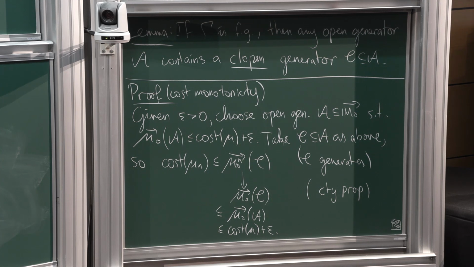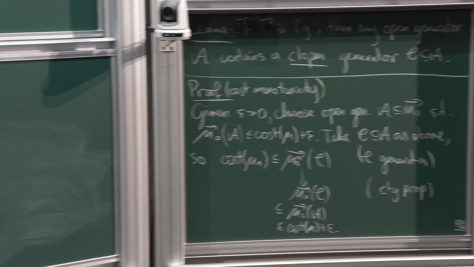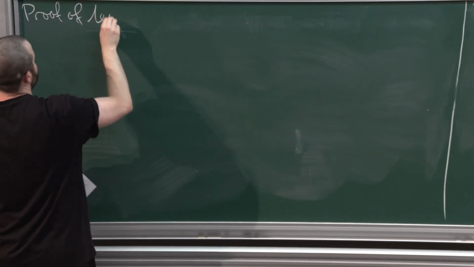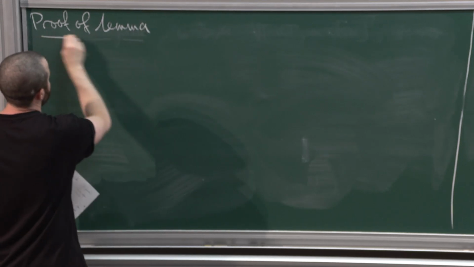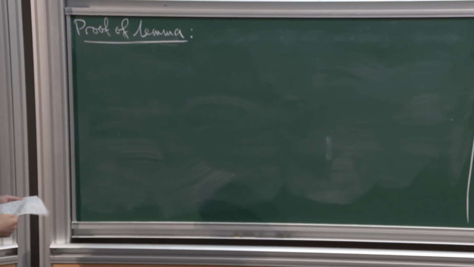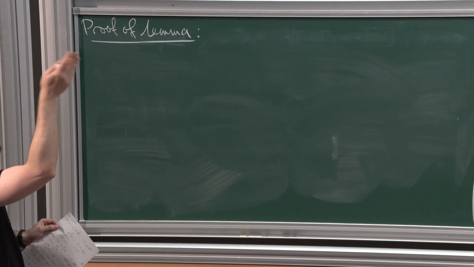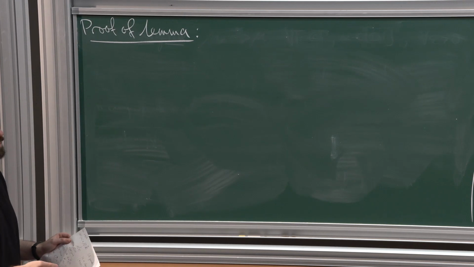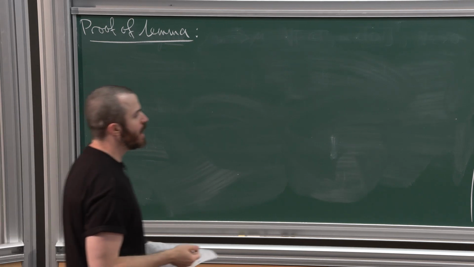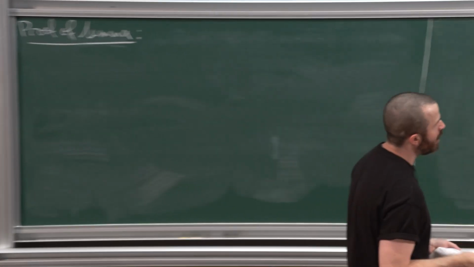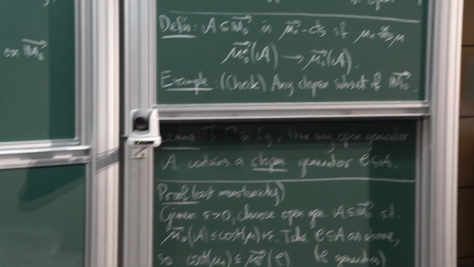Yeah, you can probably see that the proof is this long, so it can't be too bad. So proof of lemma. So as I explained, this space has a countable basis of Clopen sets. Okay? And I'm supposed to be taking any open generator and finding a Clopen generator inside of it.